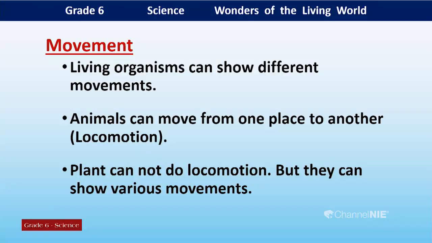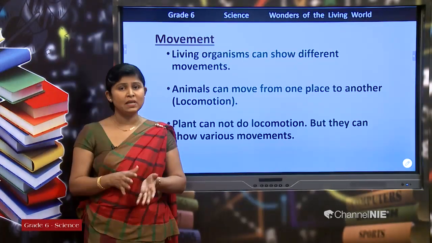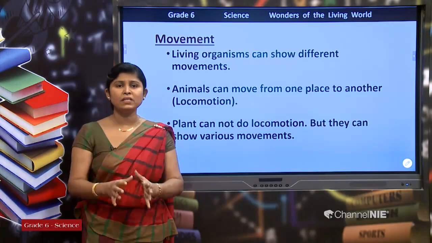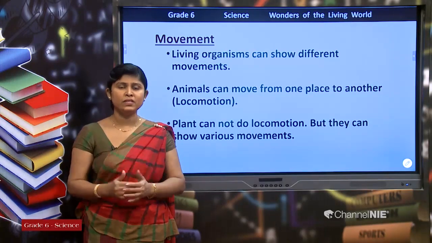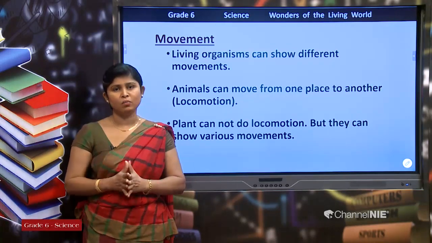Plants cannot do locomotion, but they can show various movements, right? I will explain you. My dear children, you know that the animals have various methods to go from one place to another. But you know that the plants can't go from one place to another, they are fixed to the soil. They are fixed to the soil, then they can't move, they can't show the locomotion.